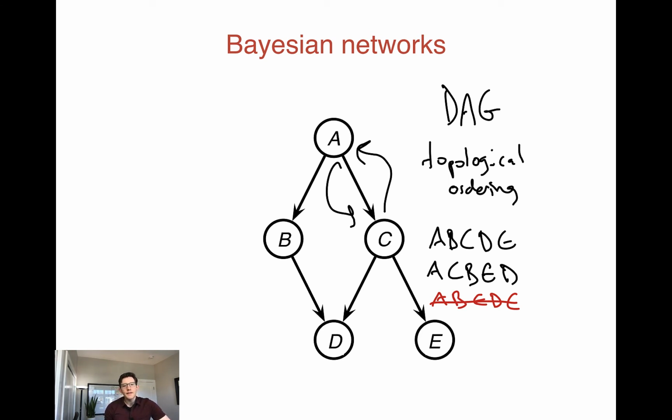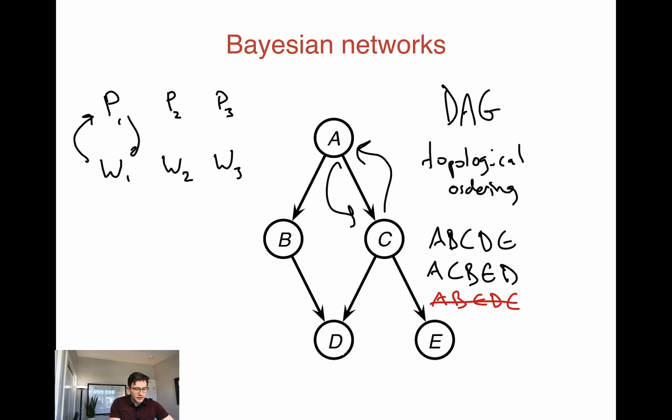Now notice that if there's a feedback loop, let's give an example. For example, in an economy, maybe prices influence wages, and then wages also influence prices, according to some maybe complex economic model. So our first thought might be to draw a Bayesian network that looks something like this.